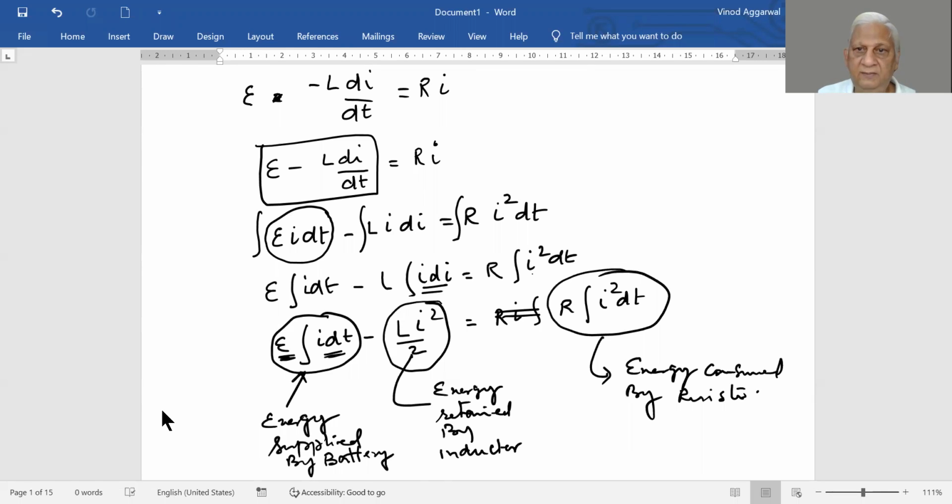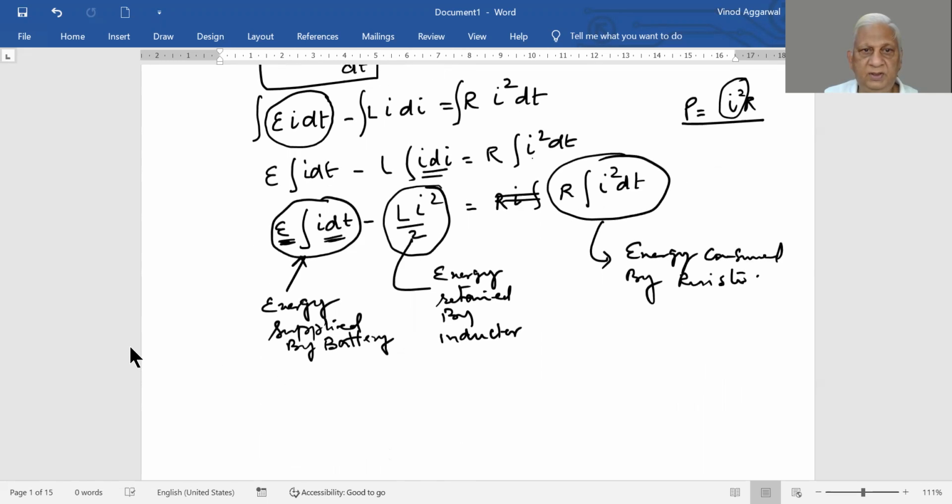We have studied earlier that power consumption by a resistor is I square R, but this was when I was constant. In this case, I is not constant, so we integrate I square over the total time.